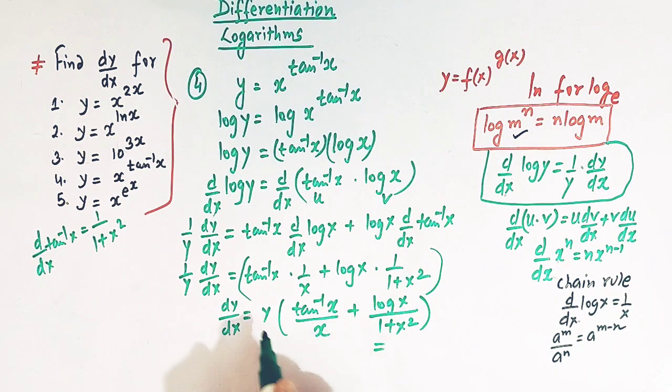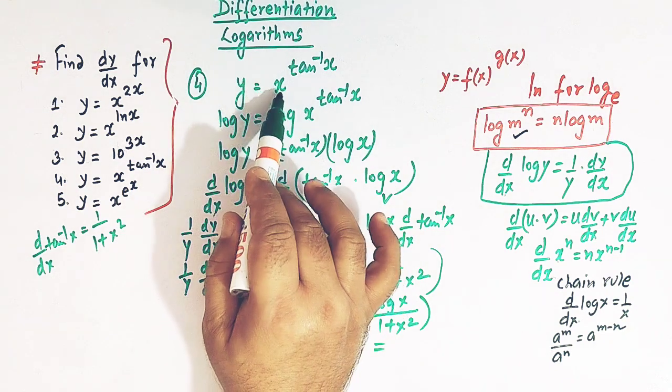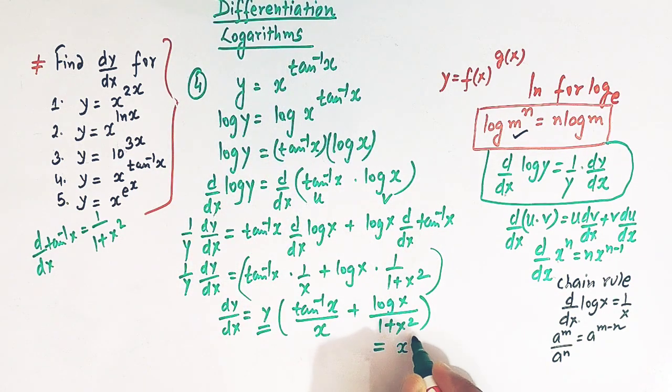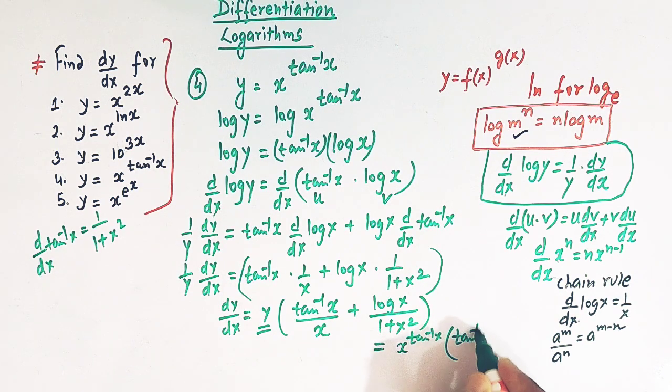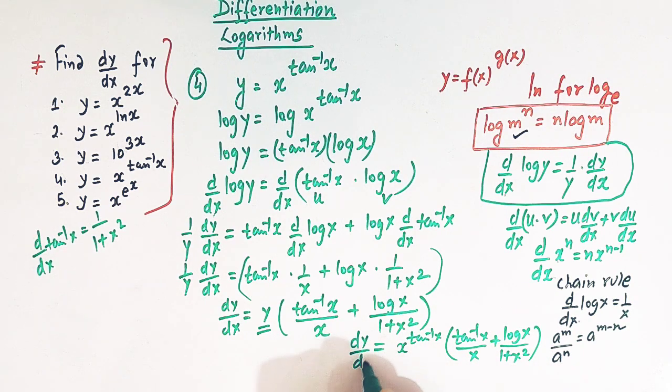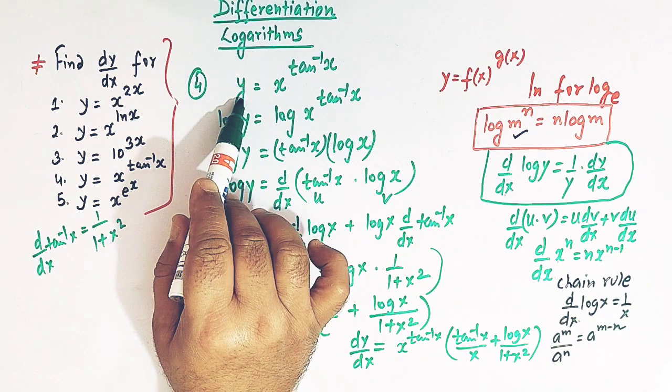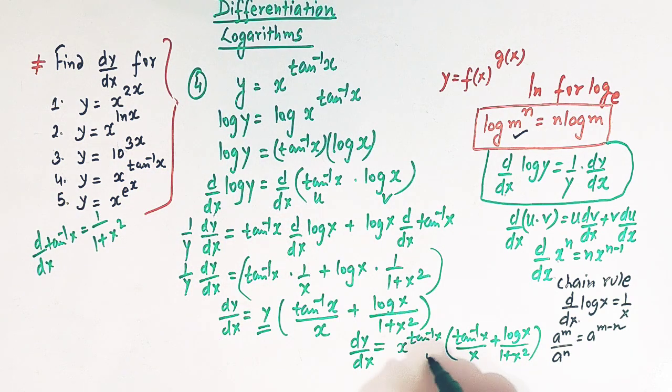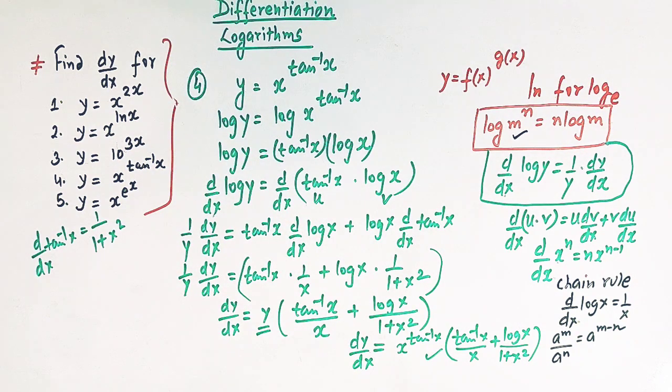Now replacing y by x raised to tan inverse x, we have x raised to tan inverse x times tan inverse x over x plus log x divided by 1 plus x square. So the derivative of this function is given by this expression.